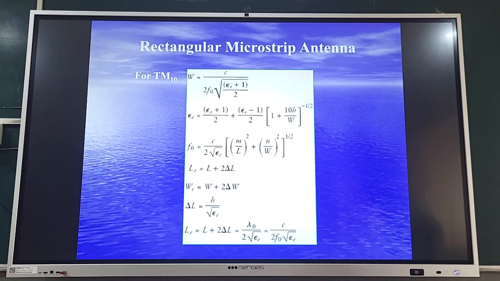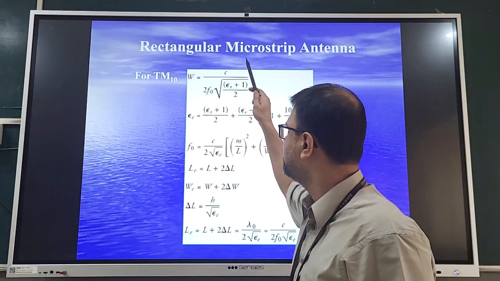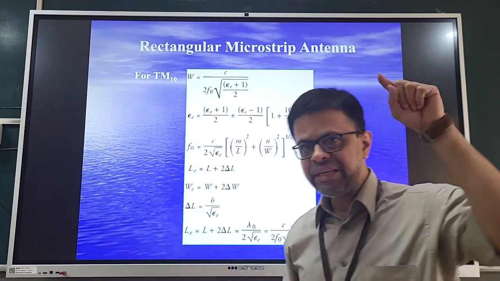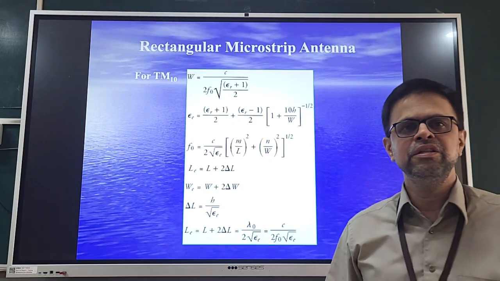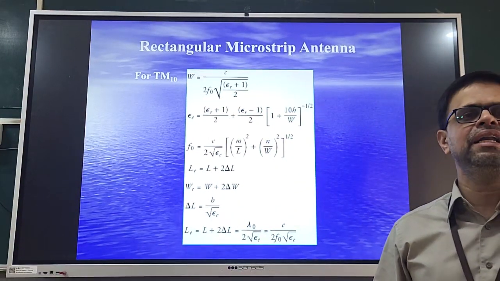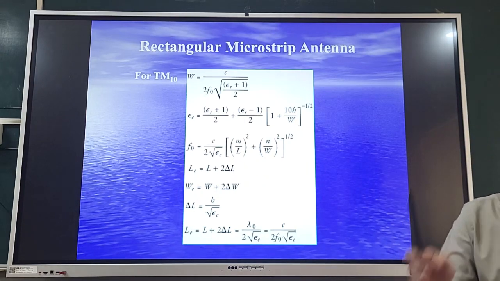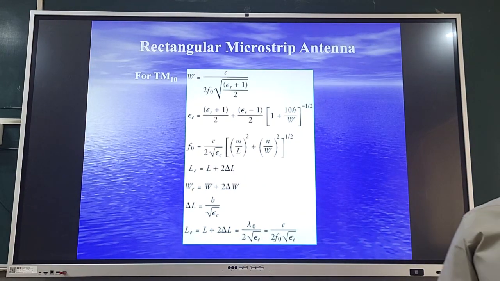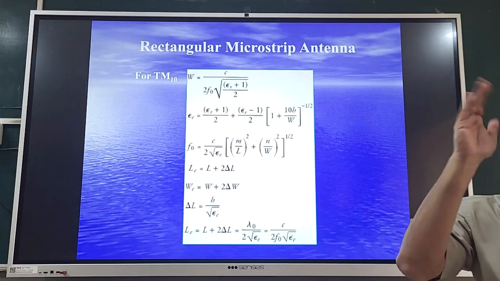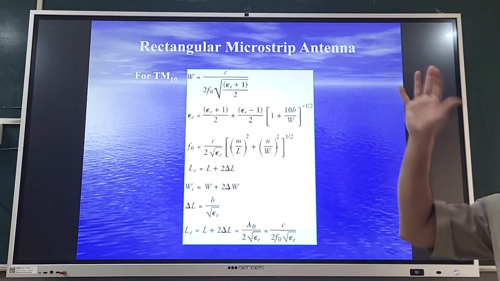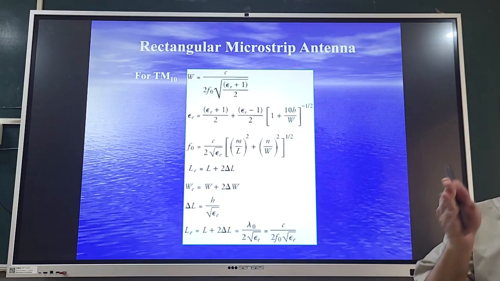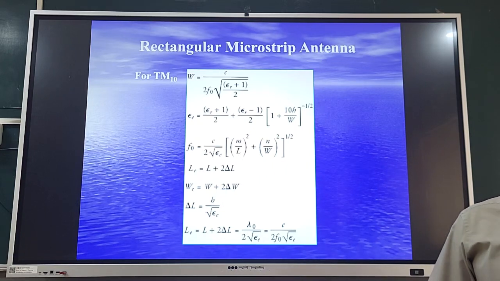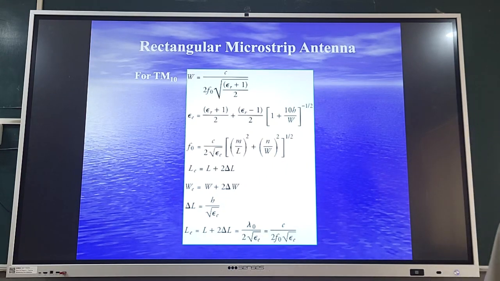I repeat, if you take C as 30 and f0 in gigahertz, then you get the dimension directly in centimeter. So it somehow simplifies the power of 10 calculations in those examples. You don't have to worry about what power of 10 is coming. Directly put these values in those units, you will get the dimensions.